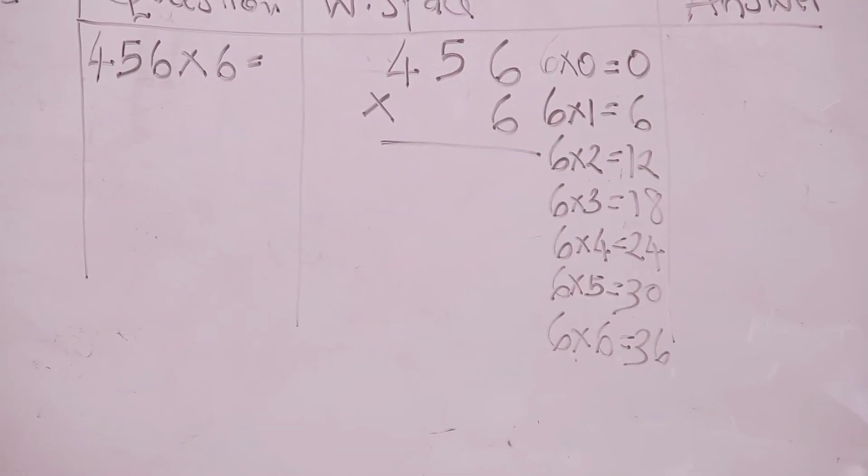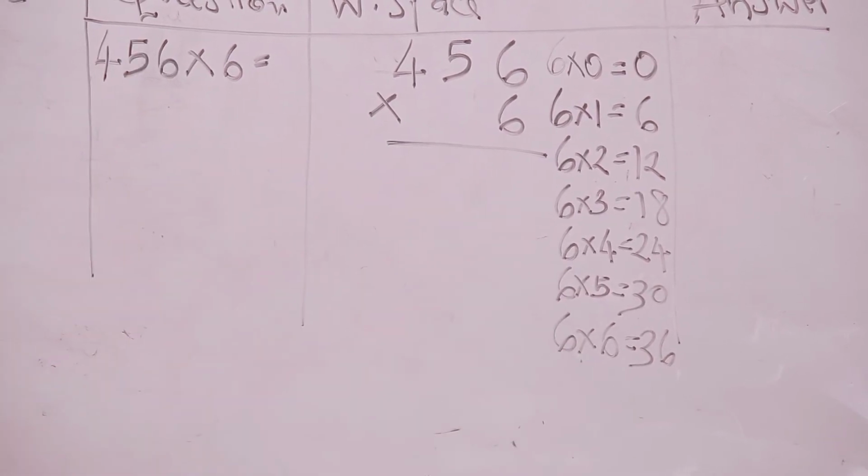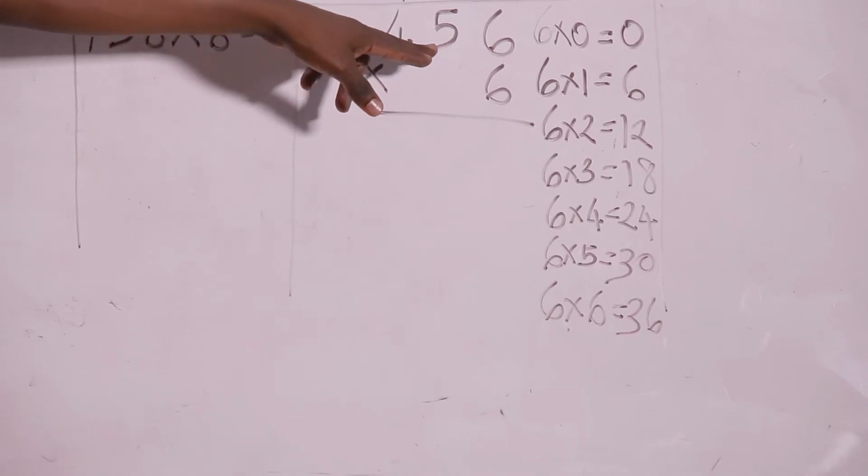So you don't have to make the whole table. You don't have to go all the way up to number 12. You have just to stop at number 6 because our biggest digit here is 6.